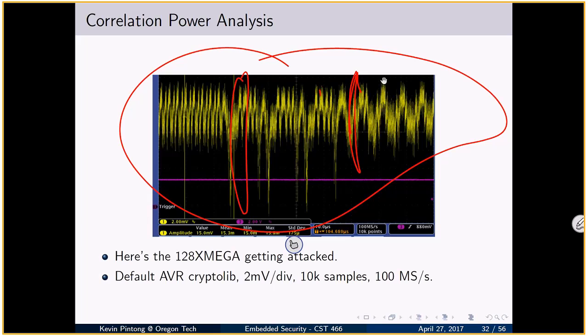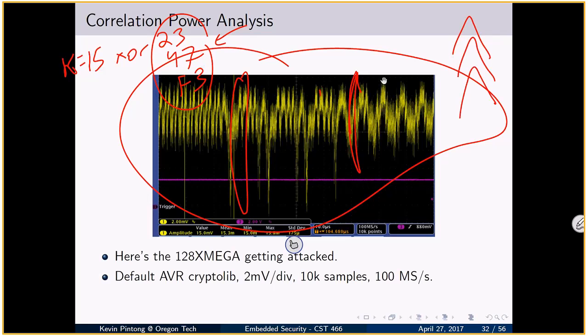Remember that earlier slide where I showed you, for a fixed key value of 15, right? Key value is equal to 15. You XOR it with something like 23, XOR it with 47, or F3 or something like that, or you XOR it with different values, and you get a series of peaks, right?